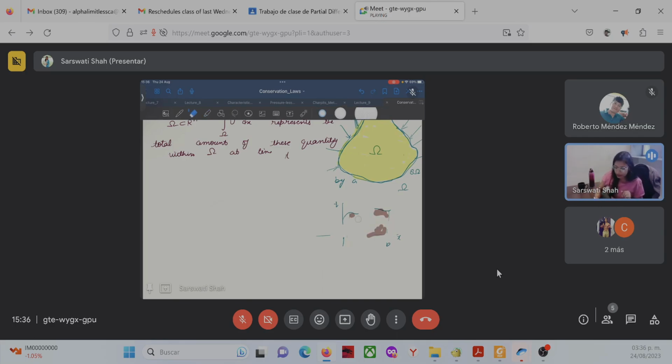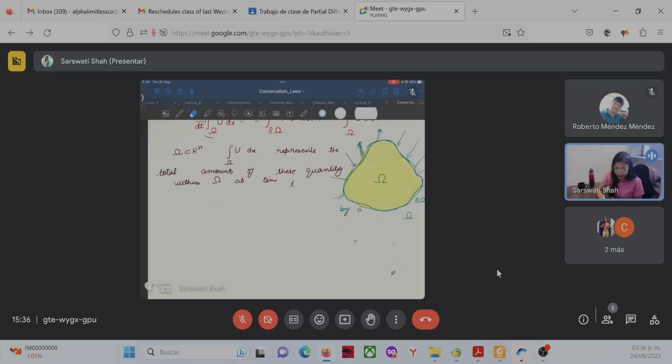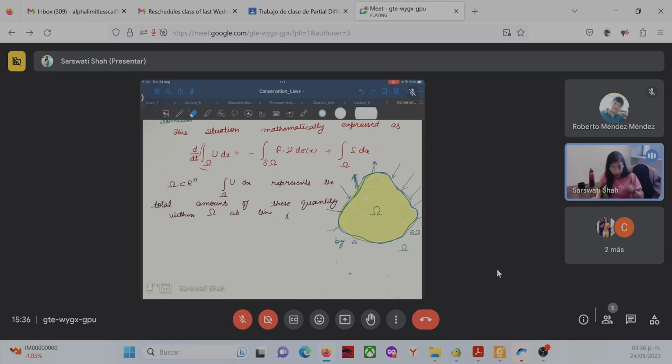The same thing is happening: this integration in this domain omega represents the total amount of this quantity, because it is measuring the quantity which is inside omega at any time t. You already know this, so that was not a big deal.